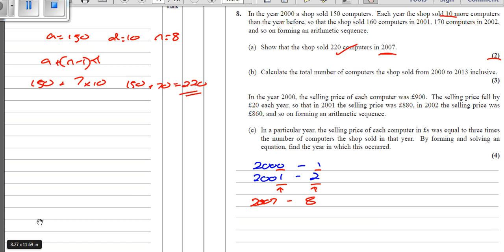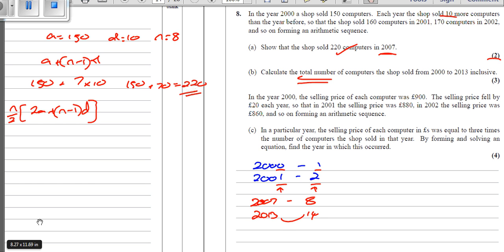Calculate the total number of computers sold from 2000 to 2013. So again, 2013, we're going to go up by 1, so that's going to be the 14th term. And it says total, so as soon as it says total, we're going to use n over 2 times 2a plus n minus 1 lots of d.